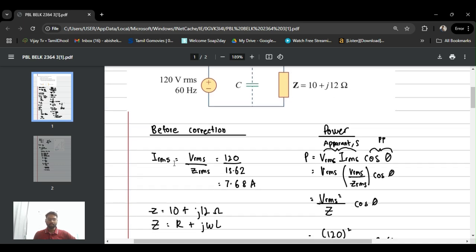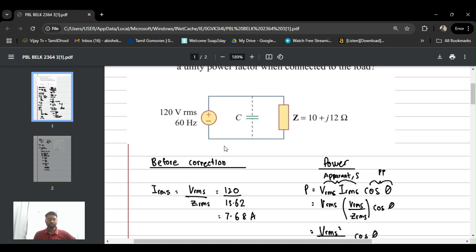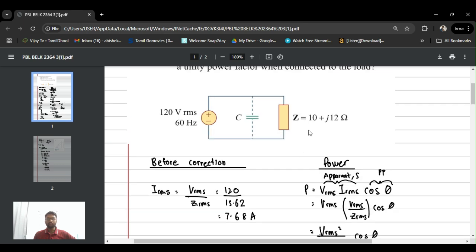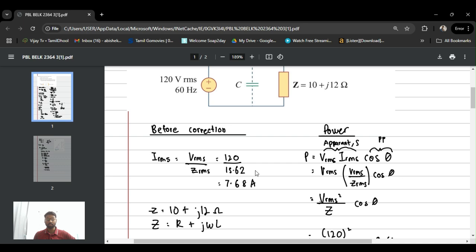We have to know the value of the current so that we can check later what the total current entering is. So IRMS equals VRMS divided by impedance, following Ohm's law. The magnitude of the impedance we can get by the square root of R squared plus imaginary squared, which is 10 squared plus 12 squared, square rooted, and we get 15.62.